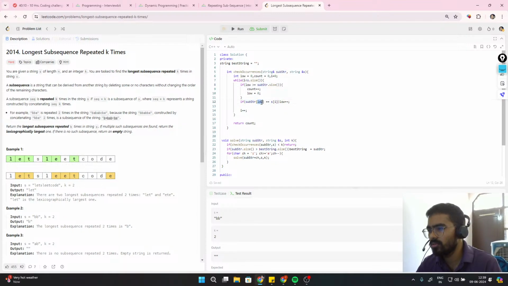If substring of low is matching with s of i, I'll increase my low plus plus, even my i plus plus. Low went beyond substring dot size, I'll increase my count by 1, and I'll set low to 0. Substring of low is equal to s of i. I'll increase my low plus plus. Oh, okay.